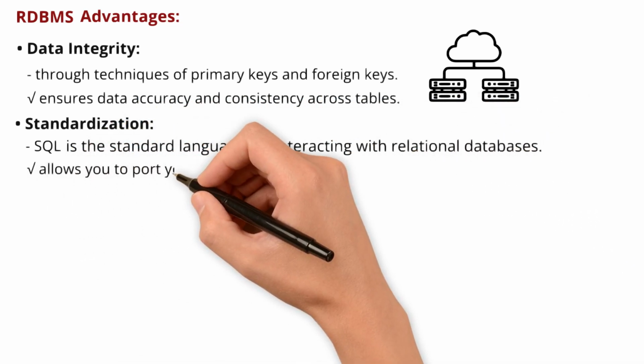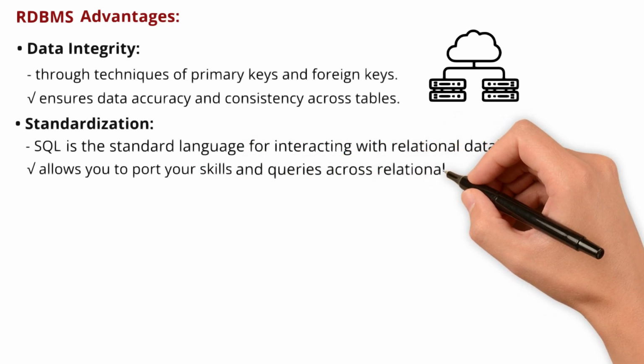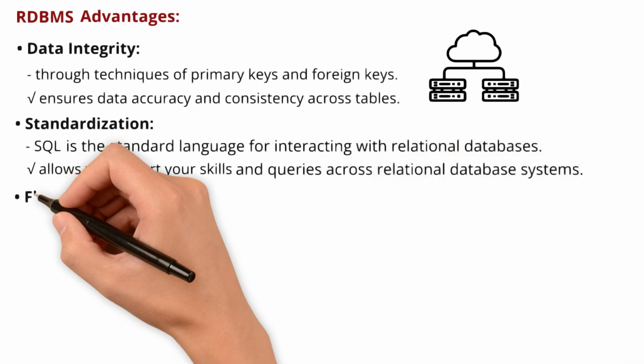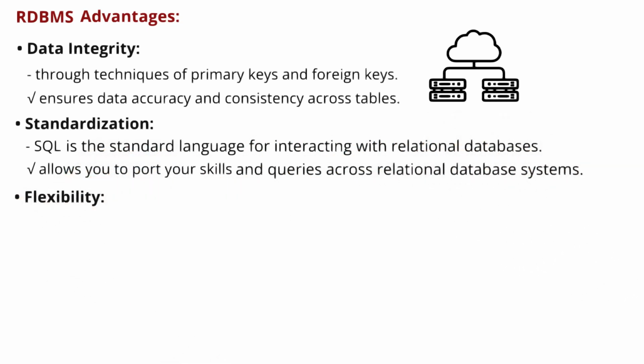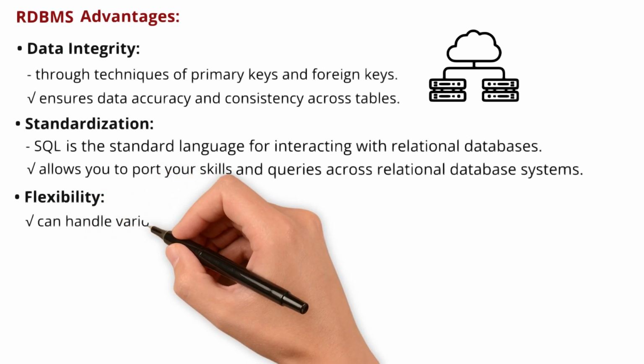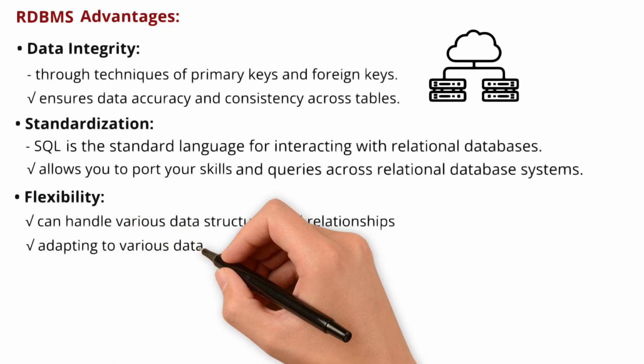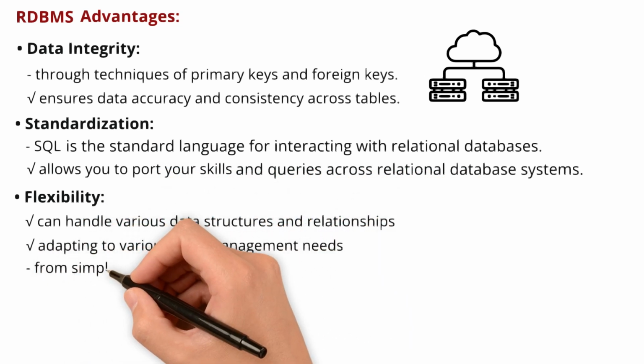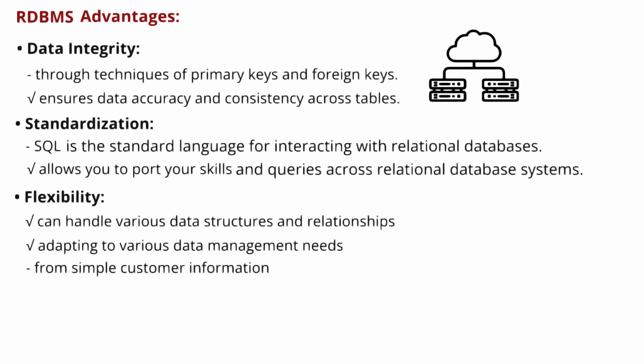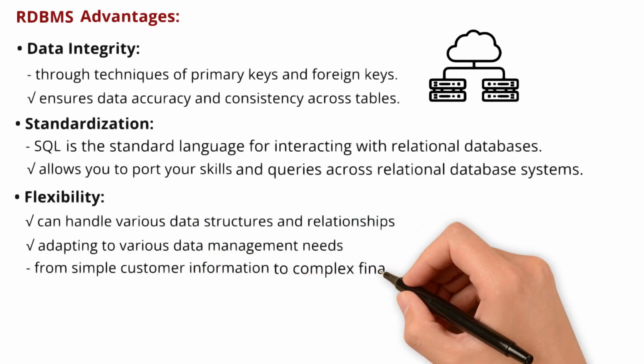This allows you to port your skills and queries across relational database systems. Flexibility. The relational model can handle various data structures and relationships, adapting to various data management needs, from simple customer information to complex financial transactions.